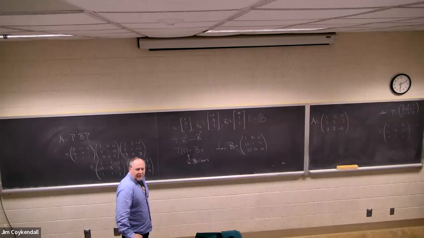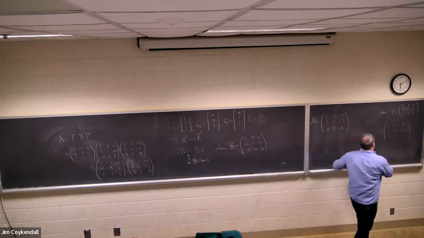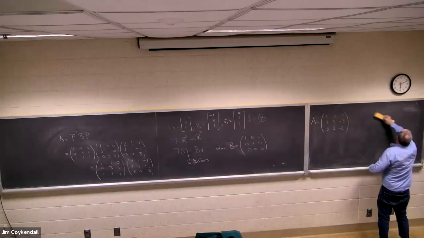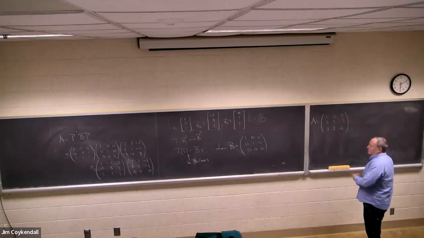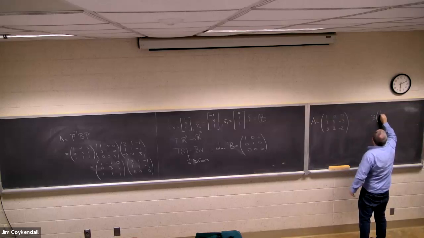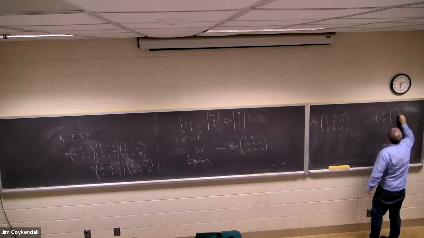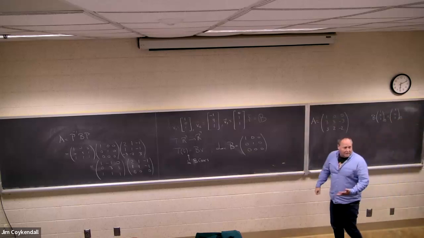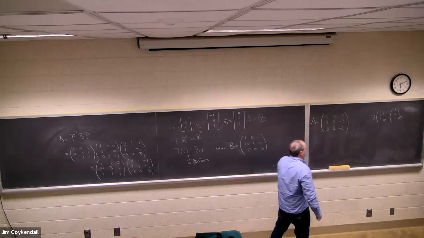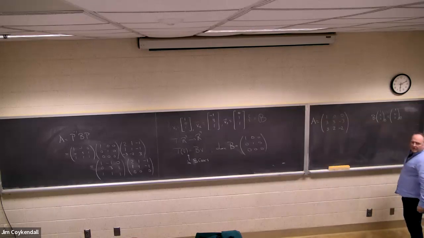Do you know how to test this? How would you test it? I just put up some matrix with 9 numbers in there. So let's test it at least for a couple of vectors. Actually, you need to test it with 3 linearly independent vectors. What does B do to the vector 1, 0, 0 in B coordinates? It goes to 1, 0, 0 in B coordinates. Everybody agree with that? Well, what is 1, 0, 0 in B coordinates?